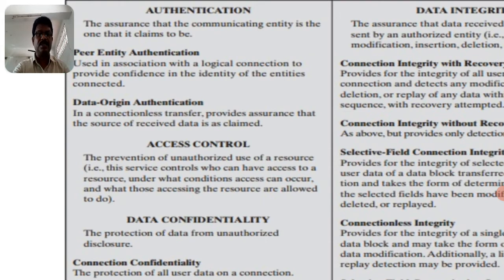In connectionless, even though there is no connection, it can be established with the help of the packet switching network based on the internet connection. So it is a connectionless service. With data origin authentication, even when connectionless, the data can be claimed to the two parties of the communication. So this is data origin authentication.